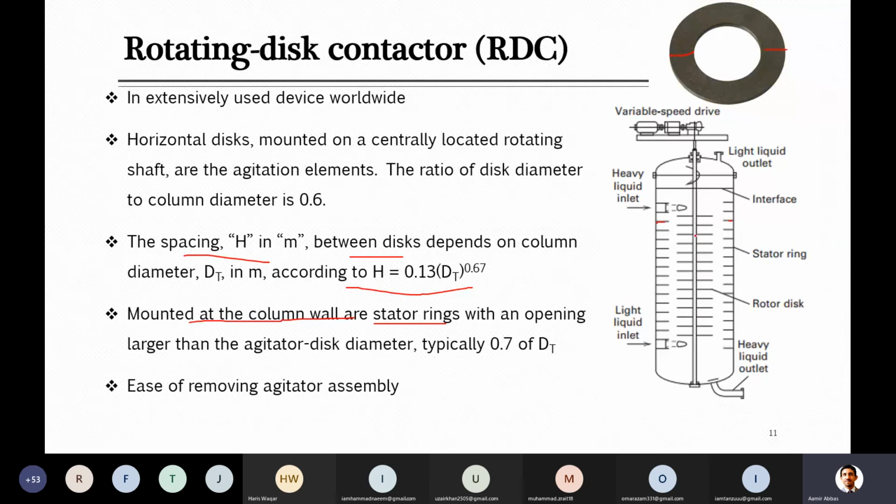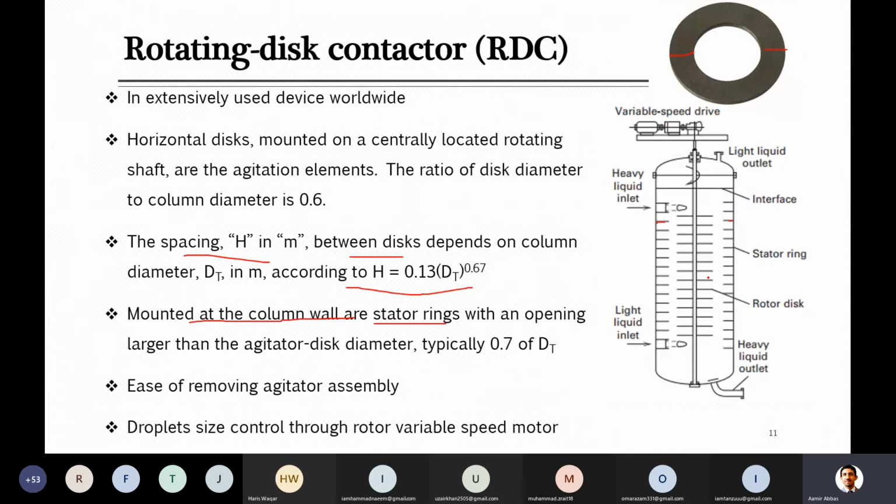In this, as mentioned, 60% is covered with these discs, and in the surrounding there is the stator ring, and you can see there is still space between the stator ring and the rotating assembly. Due to this, if we open the equipment from the top, the rotating assembly can be removed for fixation or if there is some problem.